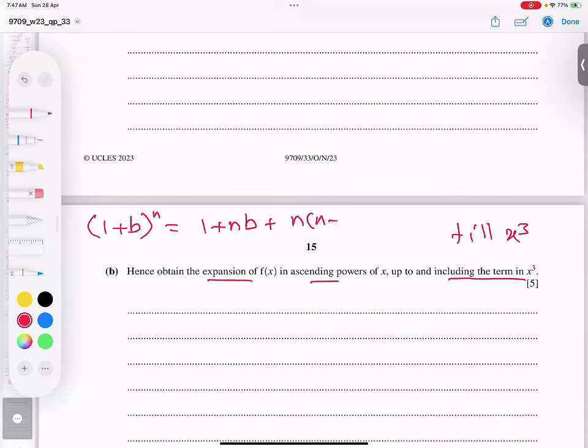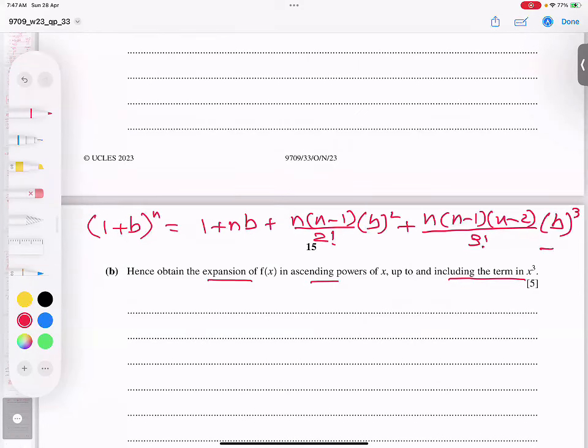Plus n times n minus 1 over 2 factorial times the square of b. And now I'm expanding the last one, n times n minus 1 times n minus 2 over 3 factorial and cube of b, and so on and so forth. I think the idea is clear.